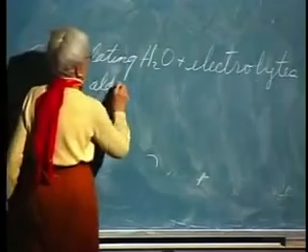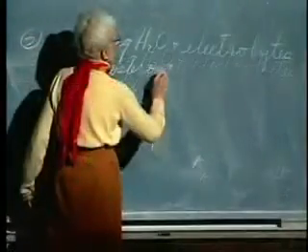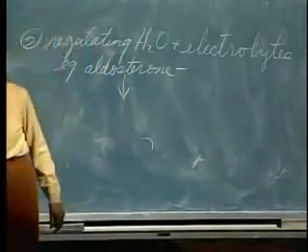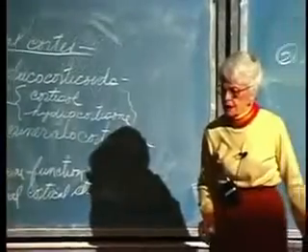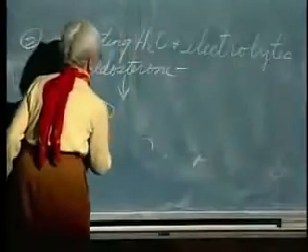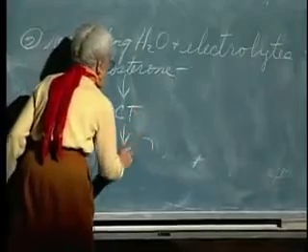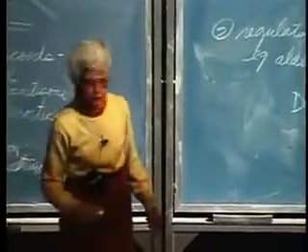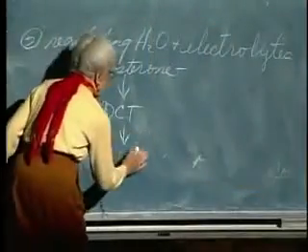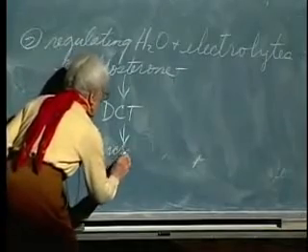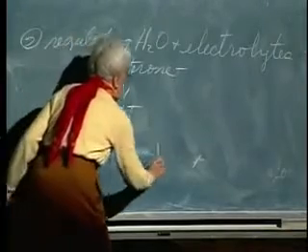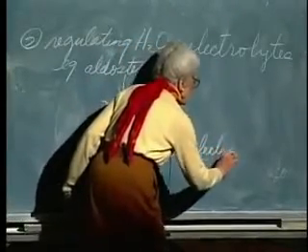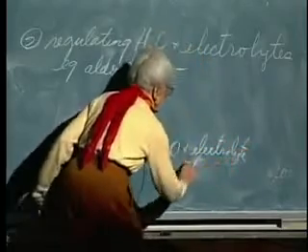Example, aldosterone. Where does aldosterone act? Distal convoluted tubule, right. And what's it doing then? Increasing water and sodium. Right, electrolyte. Increases water and electrolytes. And in this case, it will be sodium.